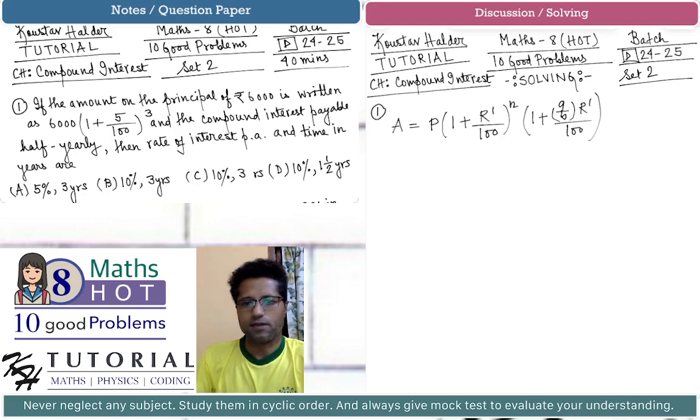Now, P is the original principal. What is R dash? R dash is based on R and the unit of time.